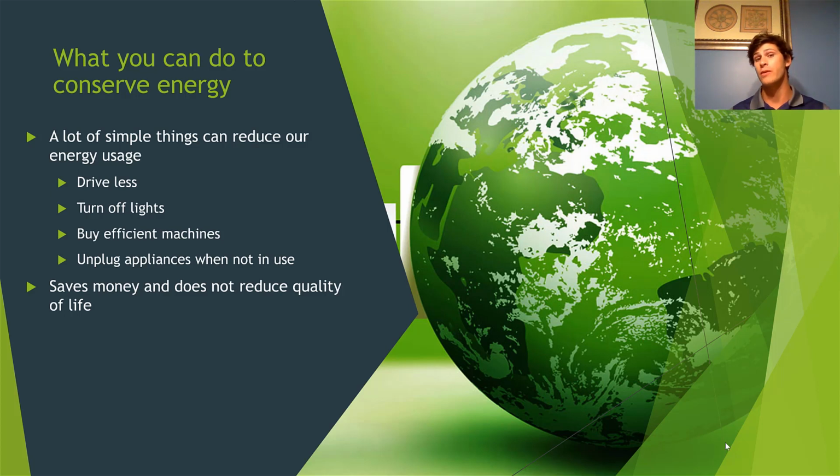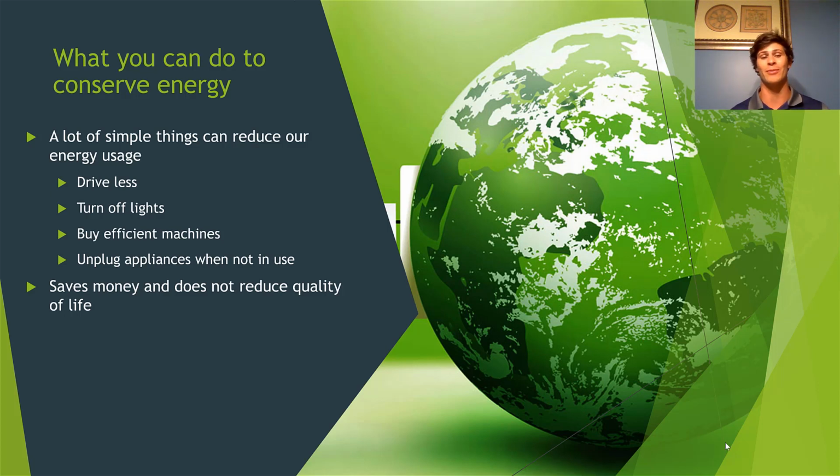And a lot of these things should be familiar because we just went over them in our climate change lectures. So examples of ways to reduce our energy expenditure are things like driving less, so using gasoline less, turning off our lights when we're not around, buying more energy efficient machines, and unplugging our machines when we are not using them, because even when machines are off, they are still sucking power out of power outlets.